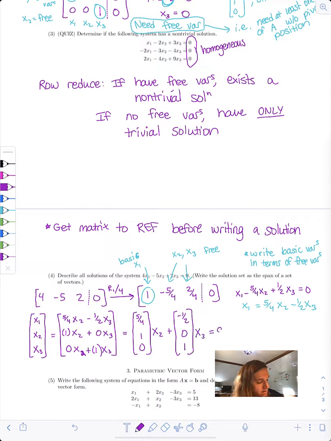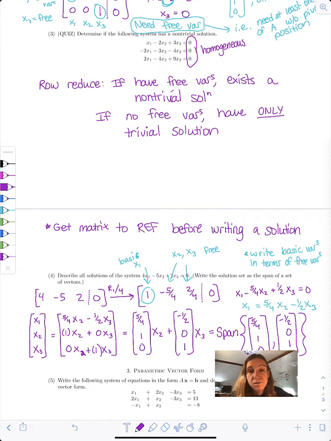And this is a linear combination. And in fact, since we can change x2 and x3, it's the set of all linear combinations of the vectors 5/4, 1, 0 and -1/2, 0, 1. So our solutions are exactly the vectors that are in the span of those 2 vectors. Okay.